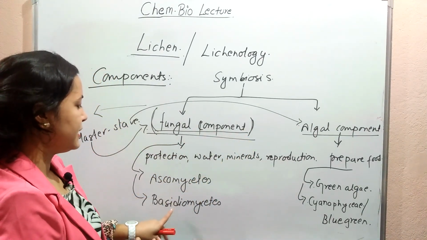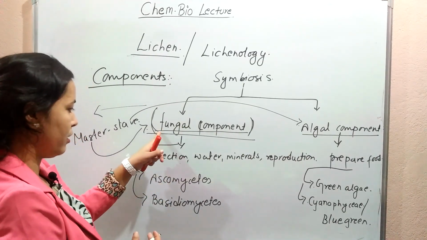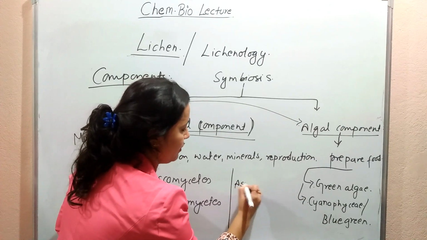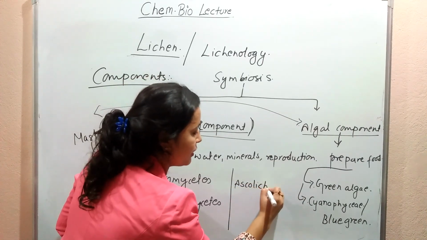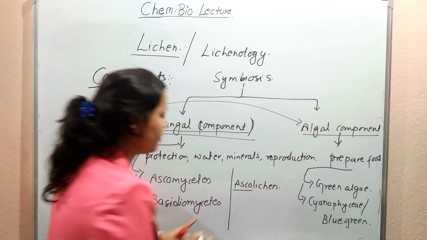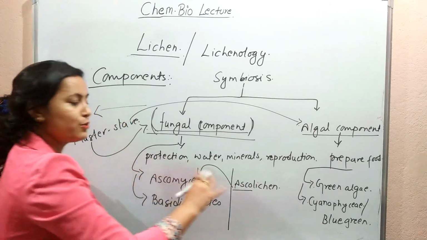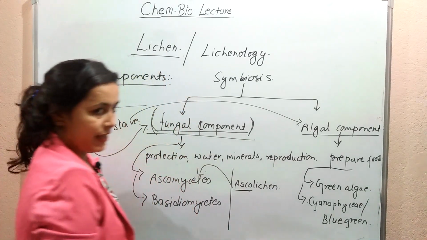On the basis of the type of fungal component, they are classified as ascolichens. I guess that you have already figured it out. Ascolichen refers to the fungal component: if the fungal component is ascomycetes, then those groups fall under ascolichens.